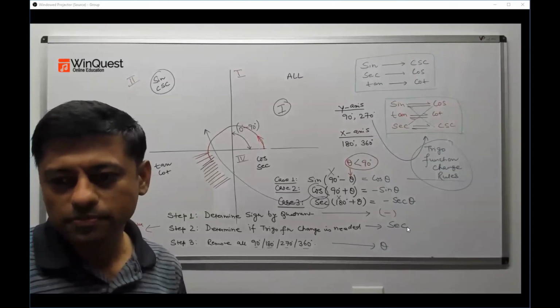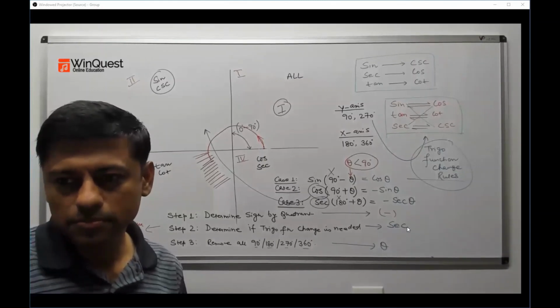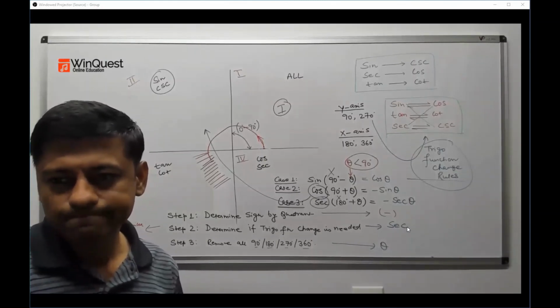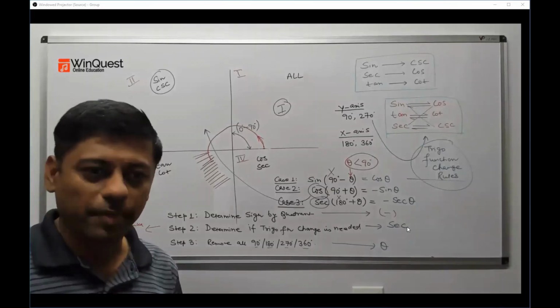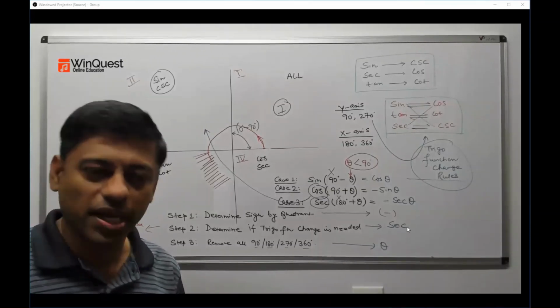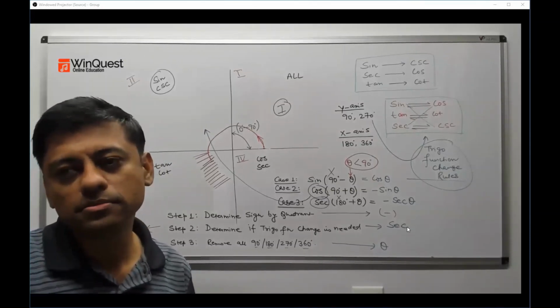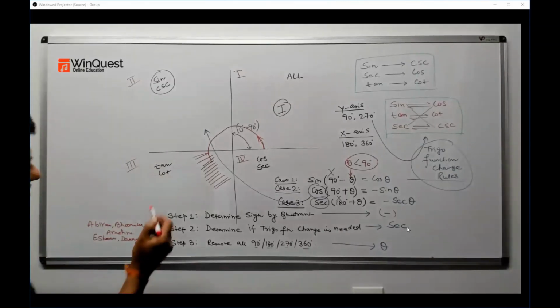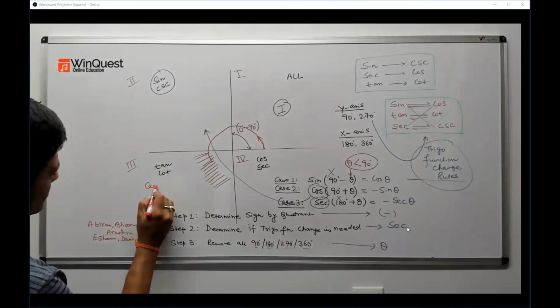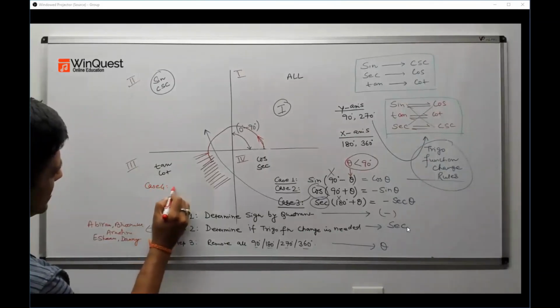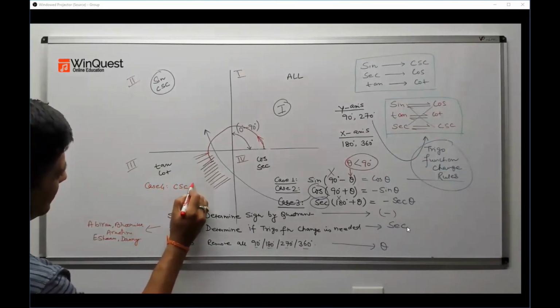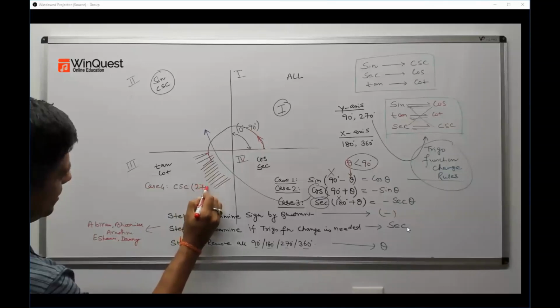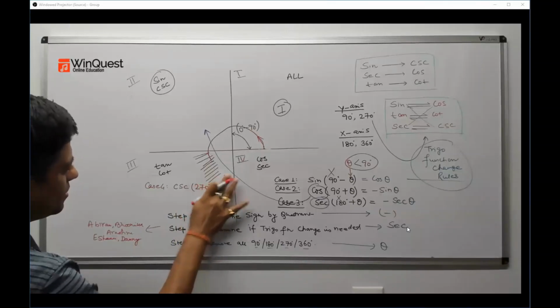Okay. Let's take another example. Who wants to give? Bring up any trigo function. Bring up any angle. Can we do CSC 270 plus theta? Case 4. CSC 270 degree plus theta.